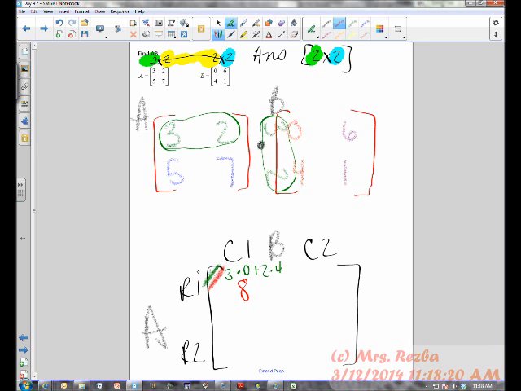Okay, let's look at row 1, column 2 in our answer. Row 1 is row 1 of A, which is still green. Column 2 of B is my purple. So I'm going to look at my green and my purple. So once again, I'm going to take this green right here. I'm going to go over to my purple. I'm going to stack it upright.